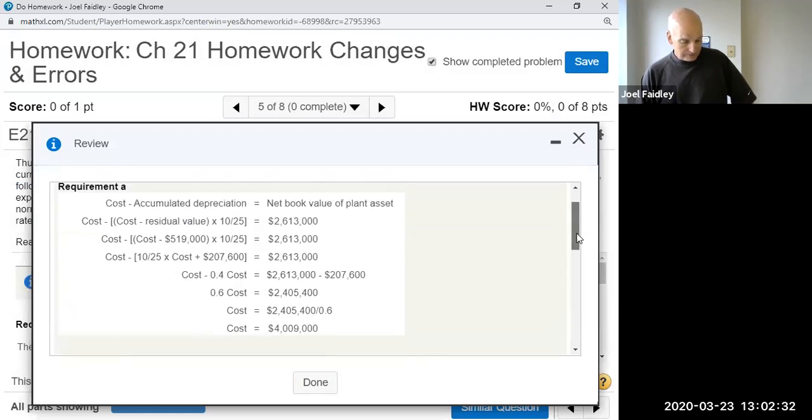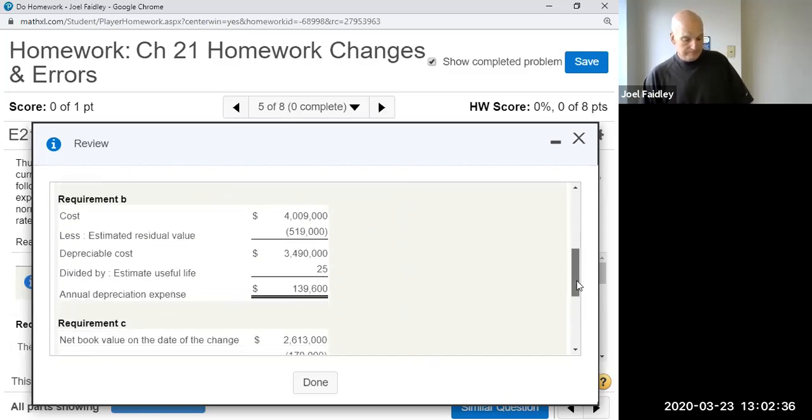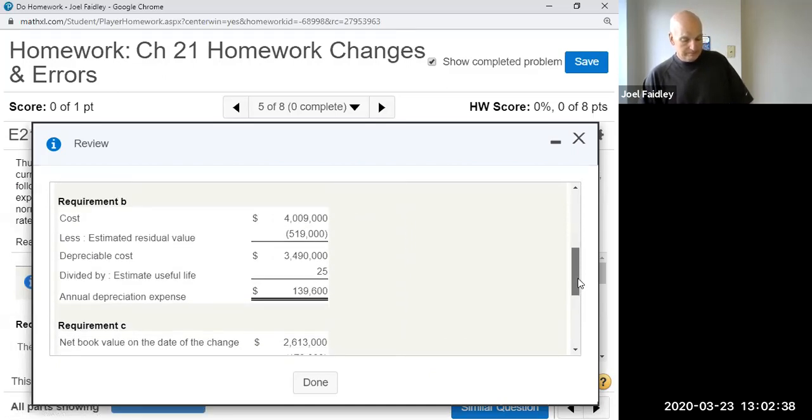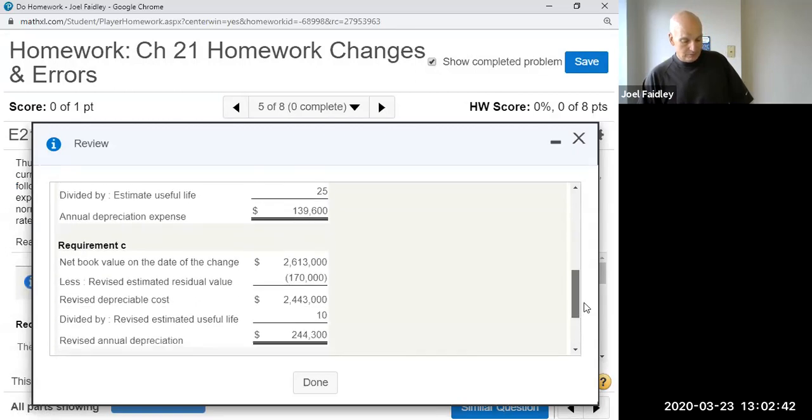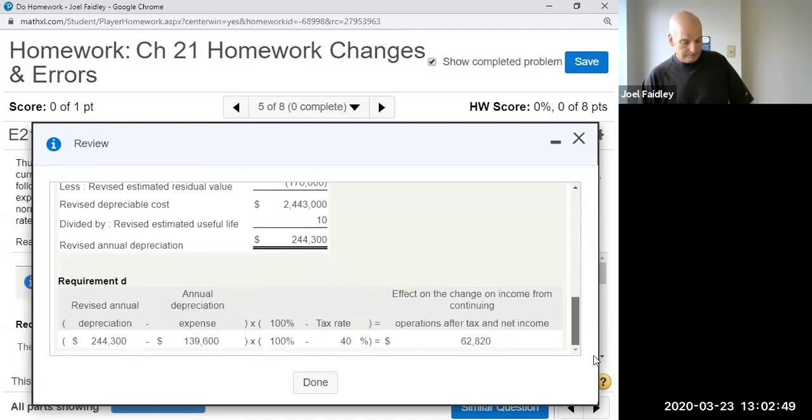There's the top part. There's requirement A, requirement B, then requirement C, and then D. Oh, they're taking the difference there on requirement D. Revised depreciation minus the annual depreciation expense times 1 minus the tax rate. That's how they get to $62,820.